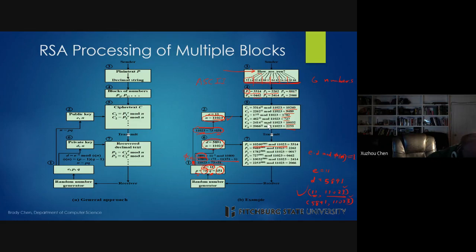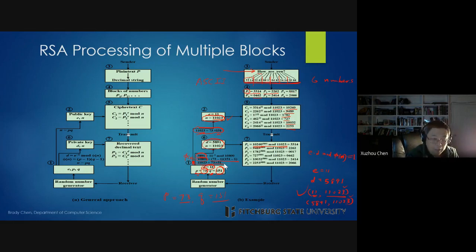Technically, this is a huge number. But for the computer, it's not that huge. So this algorithm is still not safe because P and Q are still small: P is 73, Q is 151. These two numbers are too small.